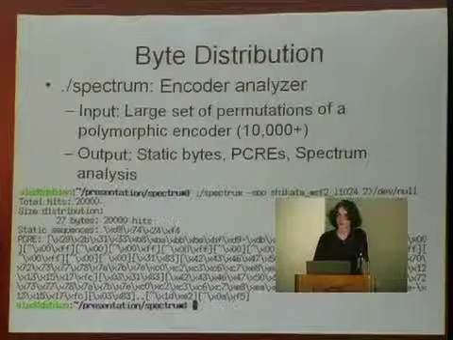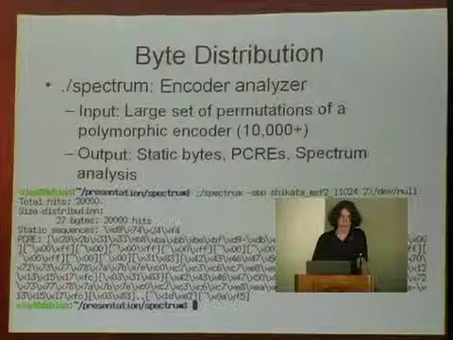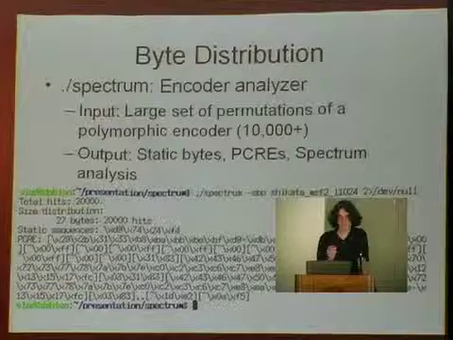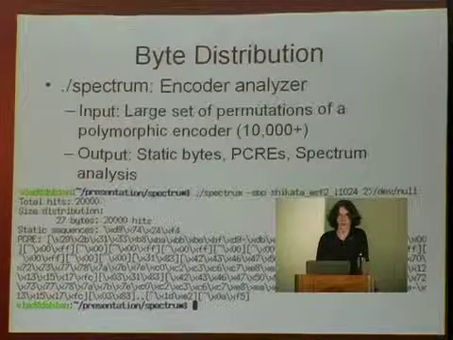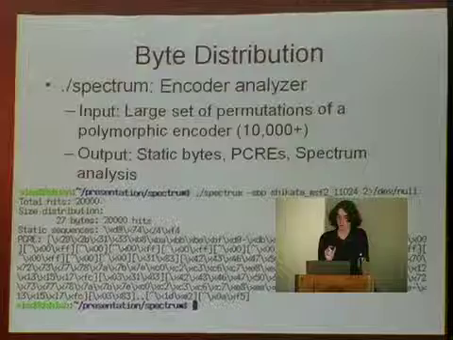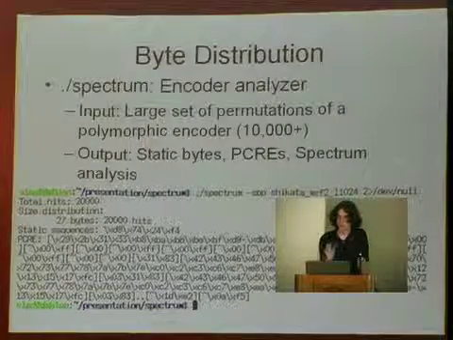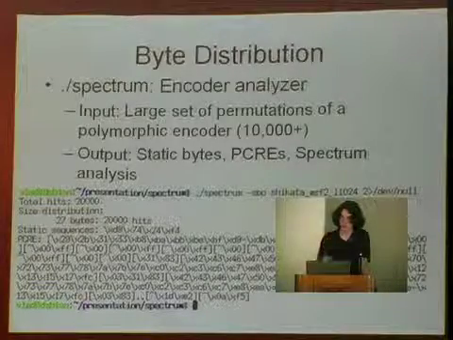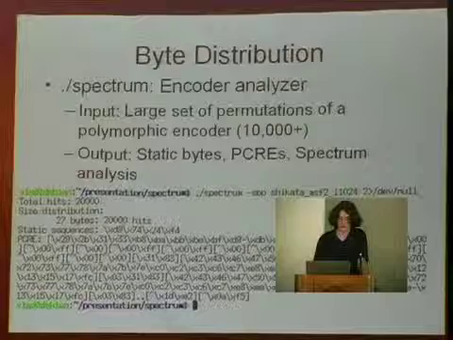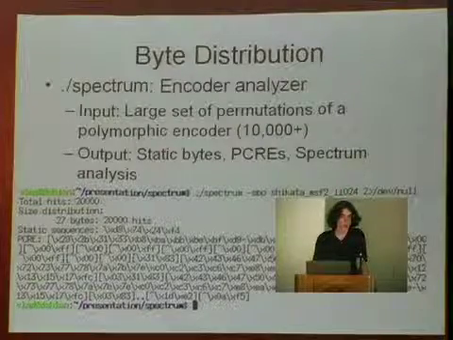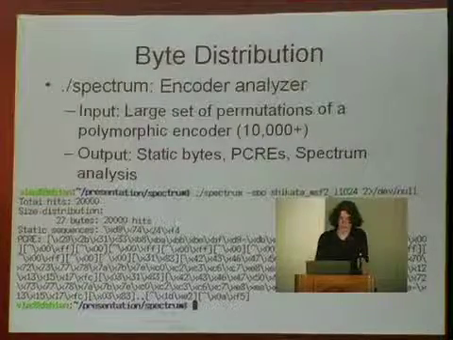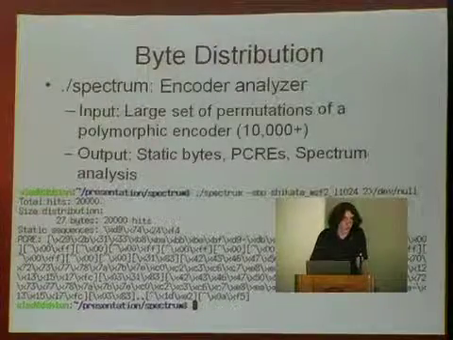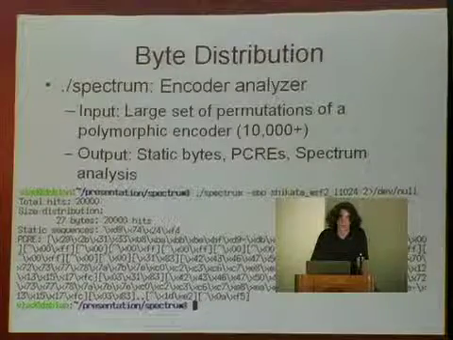To restate that, if you look at a large enough set of encoders, the first byte of all of those encoders is the only set of bytes that are going to happen for the first byte, and the second byte of all of those encoders is the only second byte that is going to happen. So what can you output if you have this large set of permutations? Well, you can output the static bytes occurring in every single encoder.